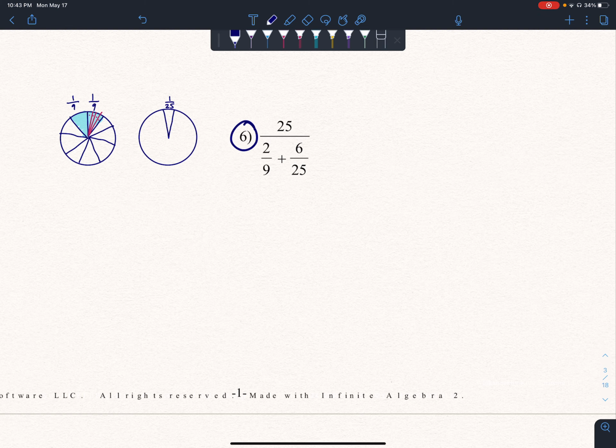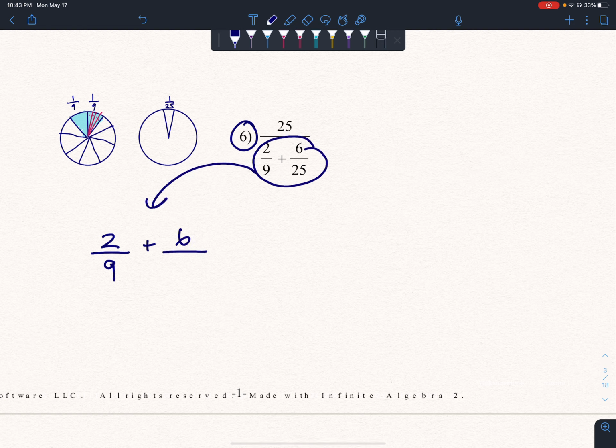So here we're just going to start with doing this entire addition. To find a common denominator here, the easiest way to do it is to multiply by whatever, just kind of swap their denominators.